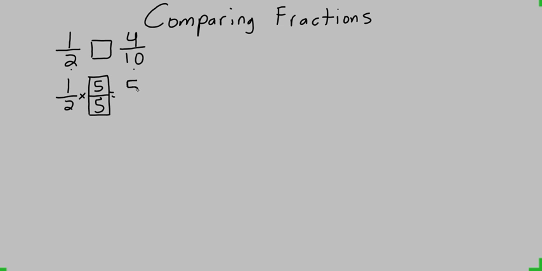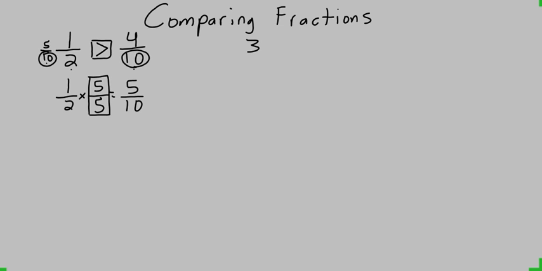So 1 times 5 gives us 5. 2 times 5 gives us 10. 5/10. And we're going to write that up beside 1/2. And once again, now we've got 10 and 10, so the denominators are the same. 5 is greater than 4, so 1/2 is greater than 4/10.